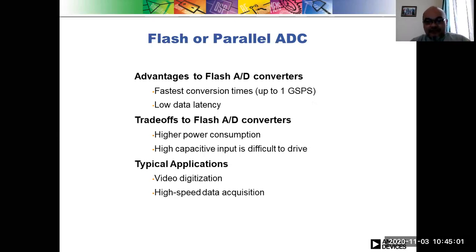With flash, it is done at the same time. With one single clock, you immediately obtain the value of the digital bits from the analog value. That's why the sampling rate or conversion rate can go up to 1 giga-sample per second.